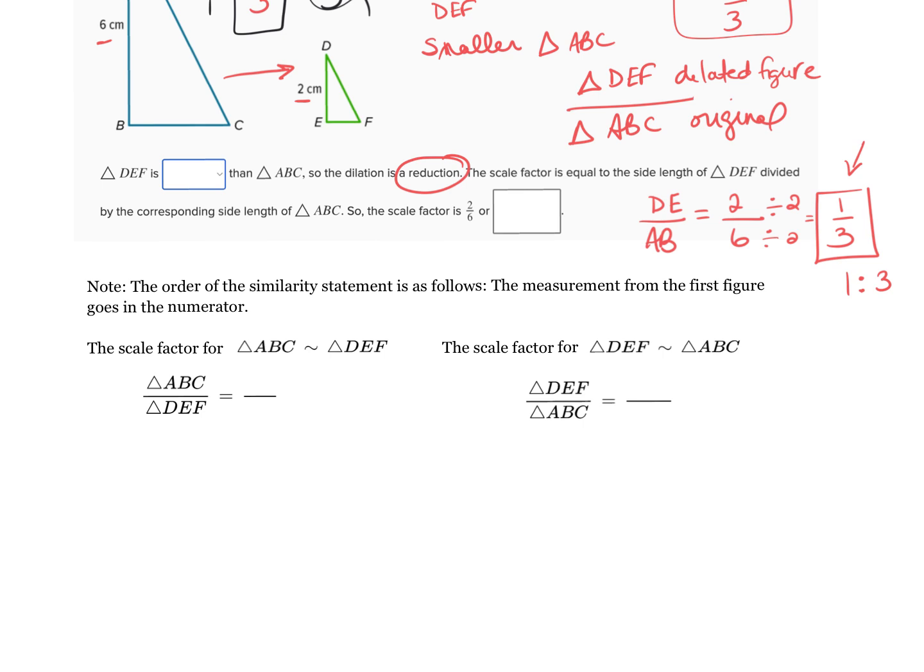And this, it says here, note the order of the similarity statement as follows. And that's basically exactly what I just went over. So we're here, the reduction ABC to DEF was 2/6 or 1/3, whereas DEF to ABC, where it gets bigger, is 3/1, which we know we can simplify as 3.